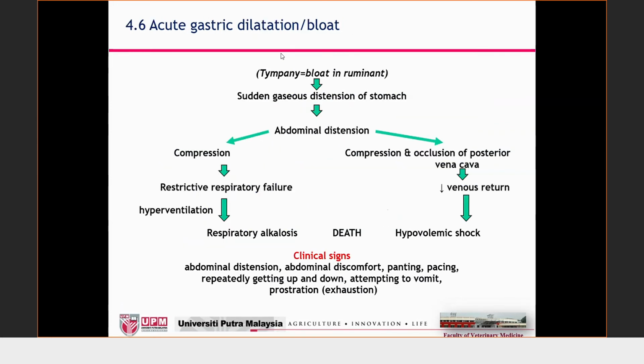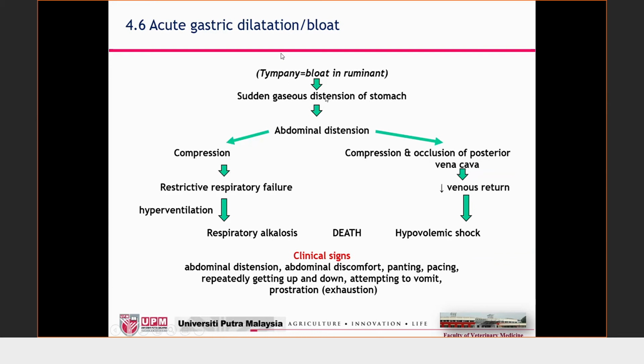Gastric dilatation or bloat. Again, I'd like to emphasize here, I think we discussed it indirectly during our earlier lectures, but without any flow chart. Bloat or tympany in ruminants usually is sudden gaseous distension of the stomach.